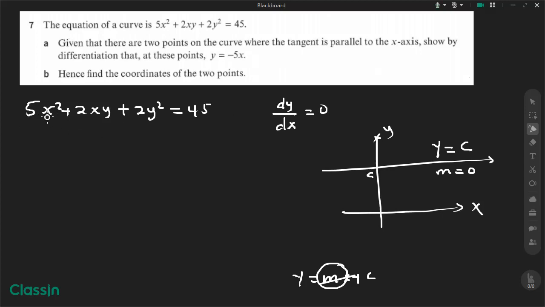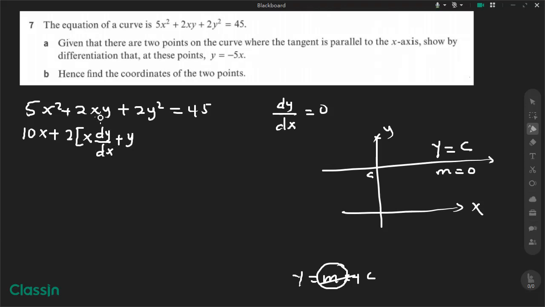The same approach: we differentiate throughout with respect to x. If we differentiate 5x squared with respect to x, that gives us 10x. Plus, this is a product rule. So we take x, we differentiate y, plus we take y, we differentiate x. We take x, we differentiate y, that will be 1. But remember, we are differentiating y with respect to x, so as an implicit function, it becomes 1 multiplied by dy/dx.